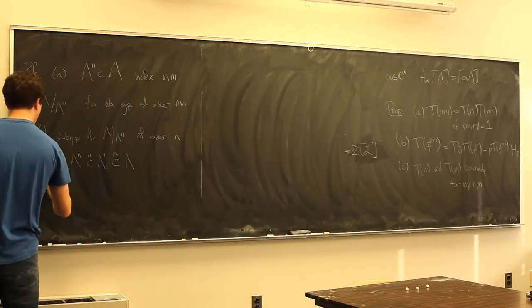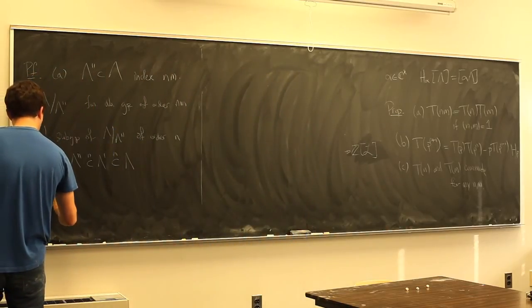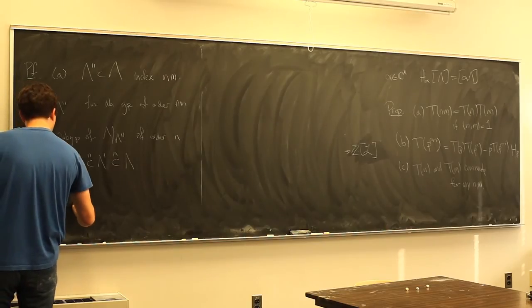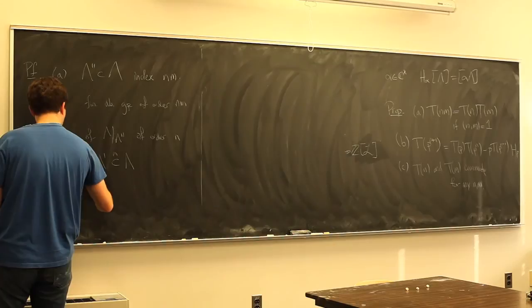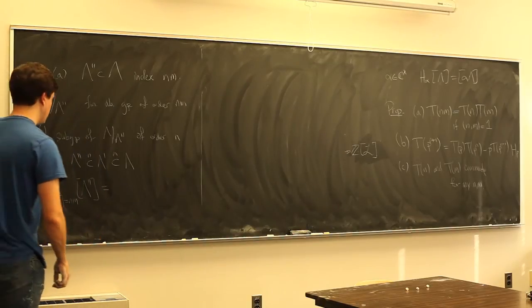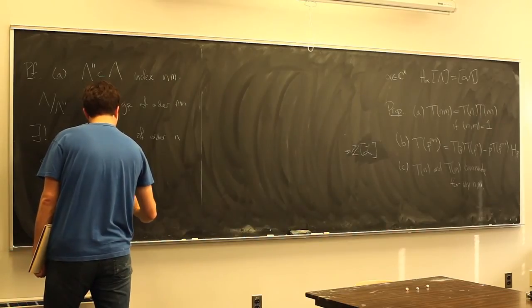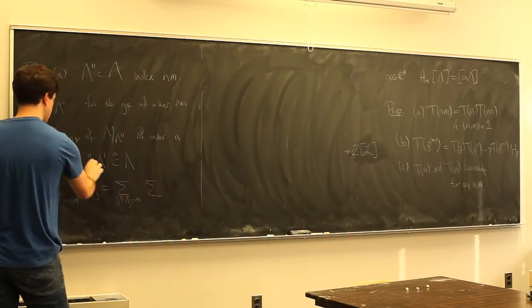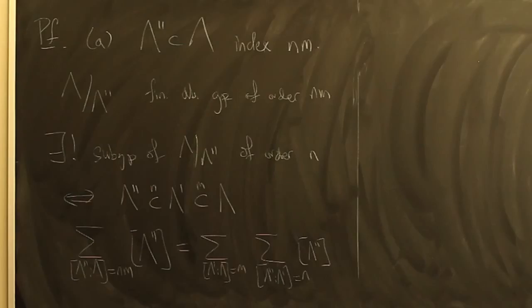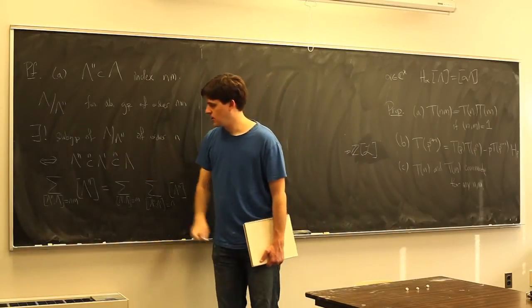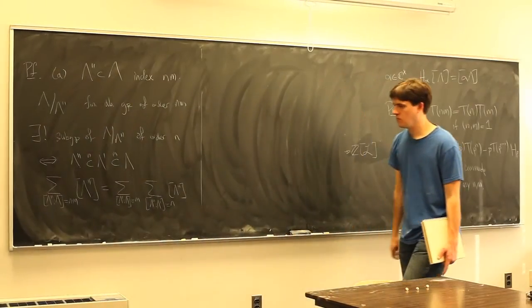And so if I sum over all lattices lambda double prime of index mn, I can break this into two steps. I can first sum over my lattices of index m, and then sum over the index n lattices inside lambda prime. The reason you can do this is because this lambda prime is unique given lambda double prime.